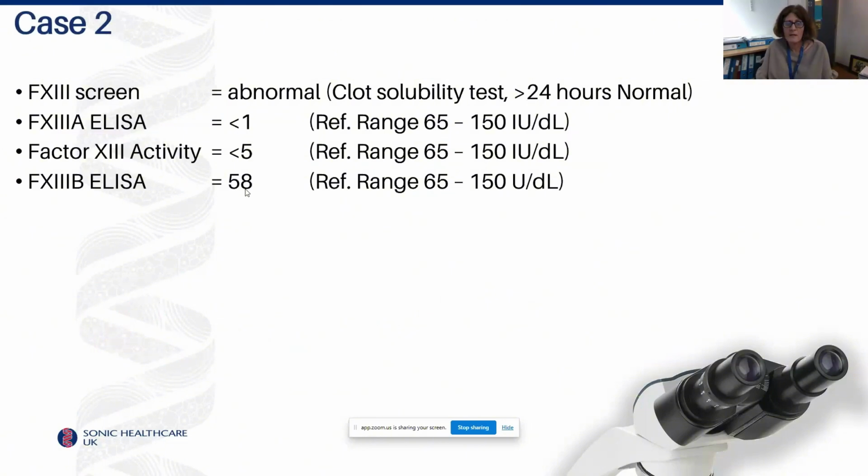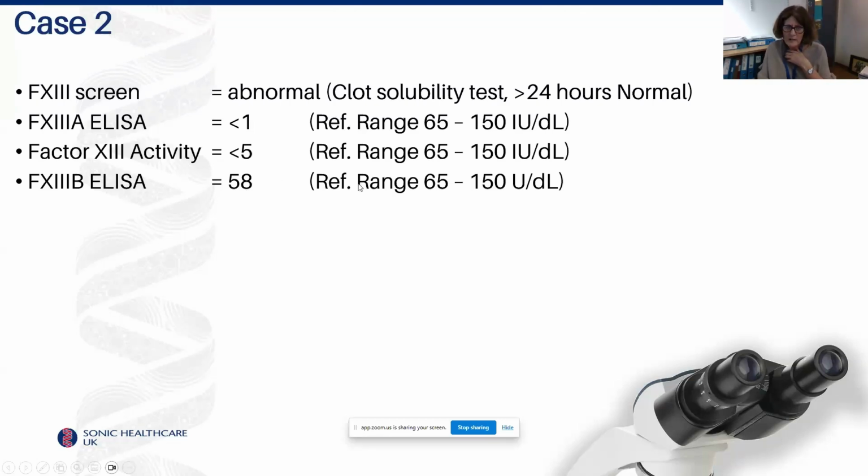And the thing that was diagnostic: we did a factor 13 screen, a clot solubility test, which was abnormal. So it lysed away completely within less than 24 hours. And the normal is for the clot to stay in that test for over 24 hours. We then measured the factor 13 level by ELISA and found that it was less than 1, and the activity assay less than 5.